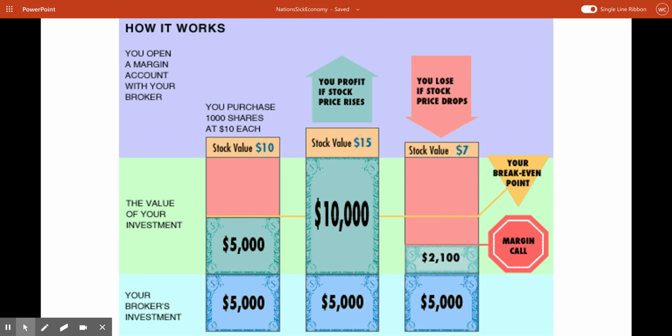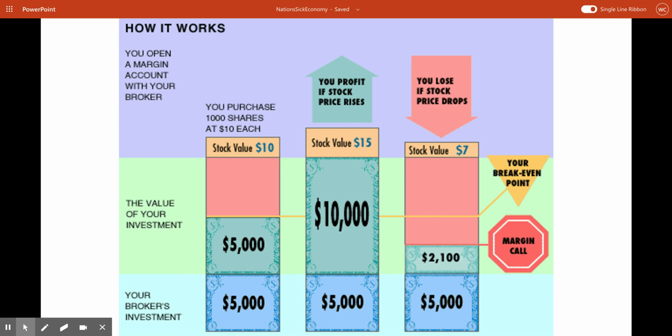So here is a chart that kind of explains how buying on the margin works. So say you wanted to get $10,000 worth of stock. You don't have $10,000, right? You do have $5,000. So you put down your $5,000 as a down payment and you borrow $5,000 from some sort of stockbroker.